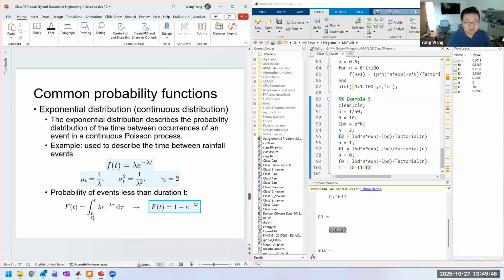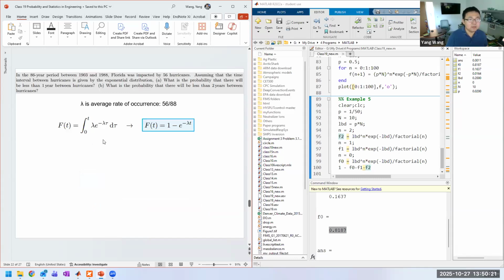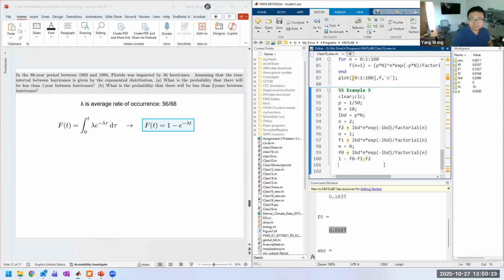So basically, you can see that with the integration range becoming bigger and bigger, let's say to 100 days, the probability of rainfall events with gap less than 100 days is going to be almost 100%, because we know that the rainfall is quite frequent here. So it's very unlikely for the rainfall to have a gap of more than 100 days, right? So you're going to get larger and larger values for the probability of events less than certain duration, right? So because of that, we can do this practice here.